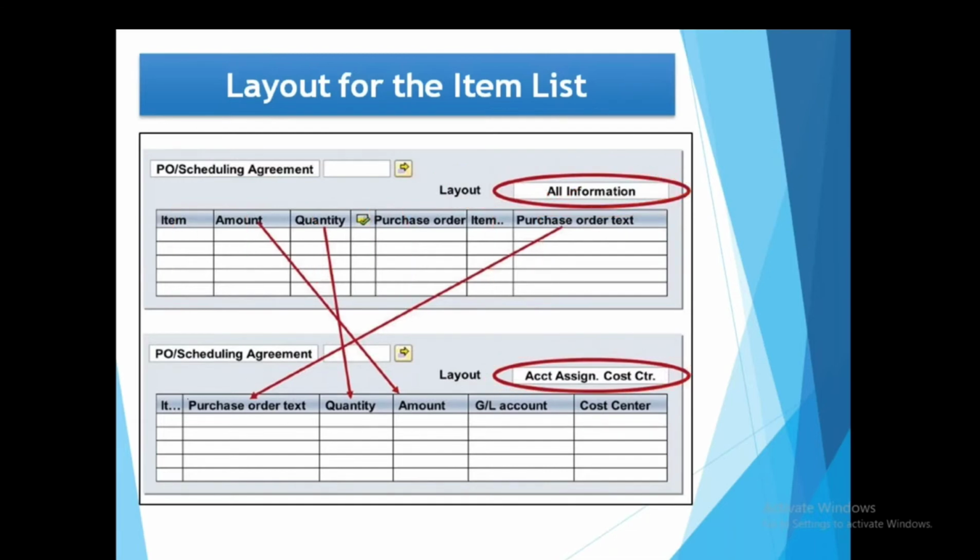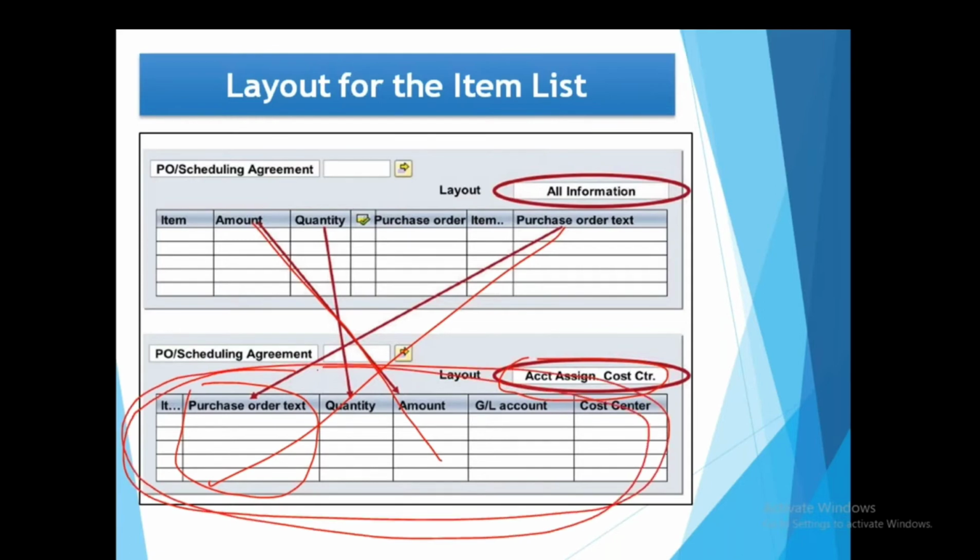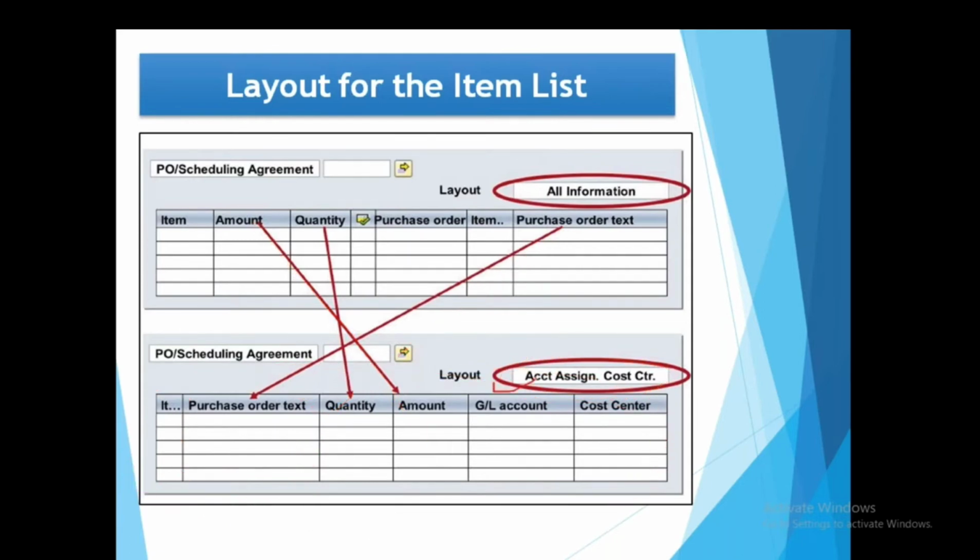Suppose in this layout, the purchase order text will come as the second column, and amount will come as the fourth column. So that column adjustment, changing the column position, you can do by selecting the layout. Okay, I'll show you that.